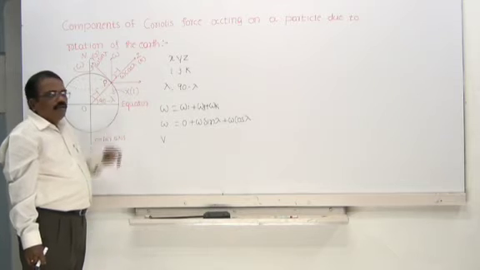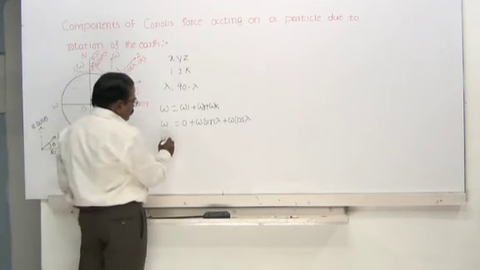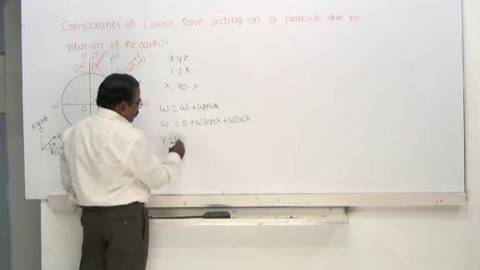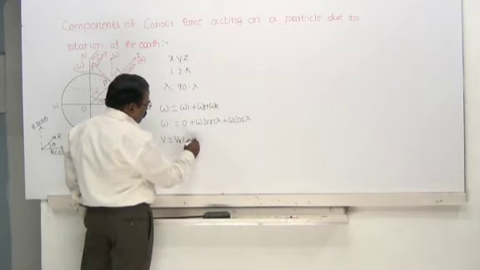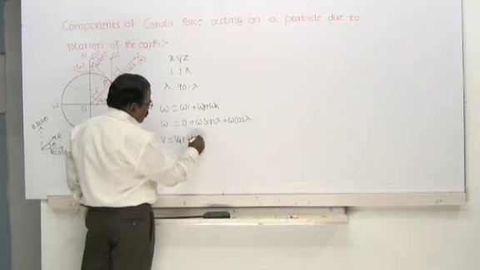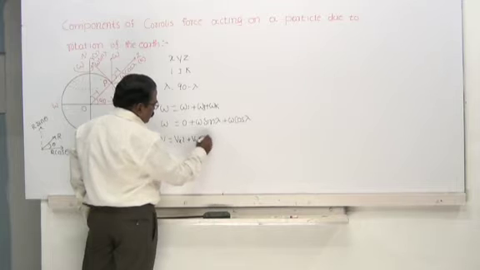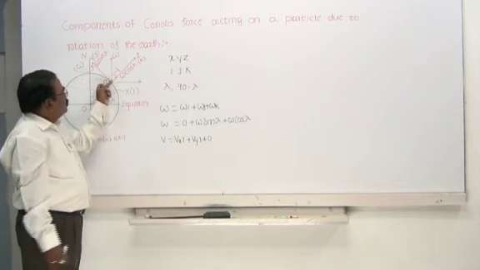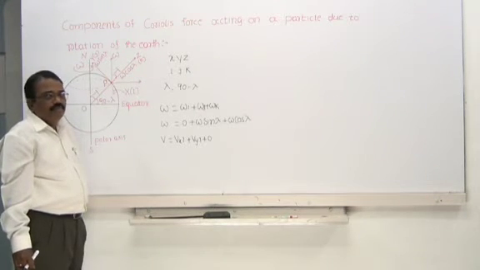So velocity along the z axis is 0. Therefore total velocity is equal to Vx i plus Vy j plus 0. Why is it 0? Because there is no velocity component along the z-axis.